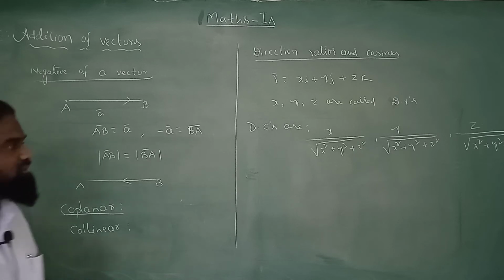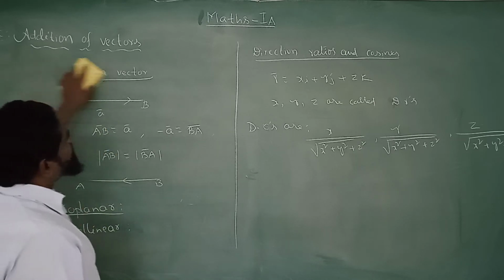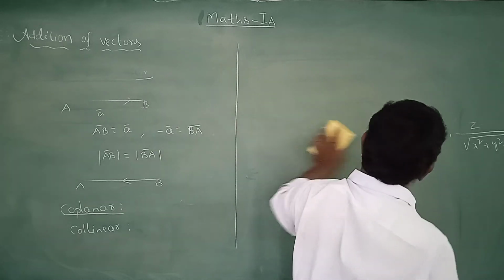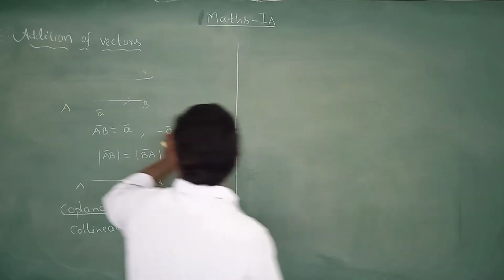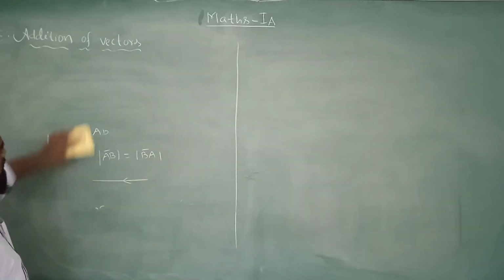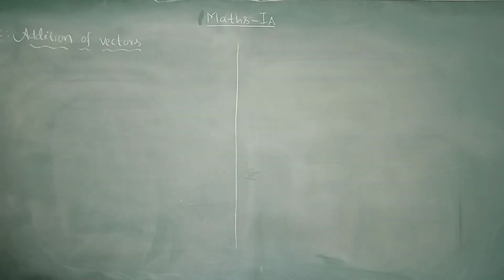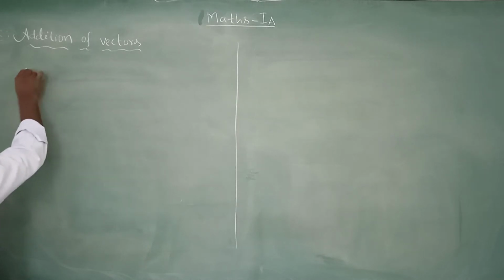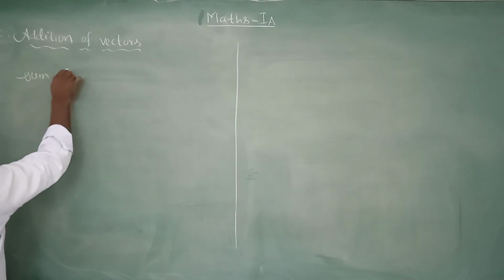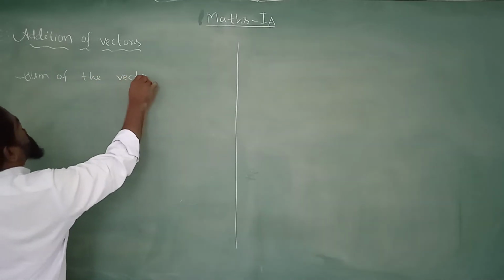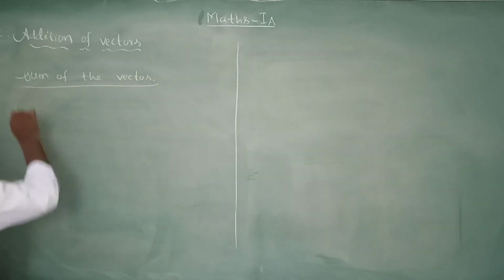Next, the important thing is the sum of the vectors. The very important thing is how to add vectors. Let us see how we add vectors.